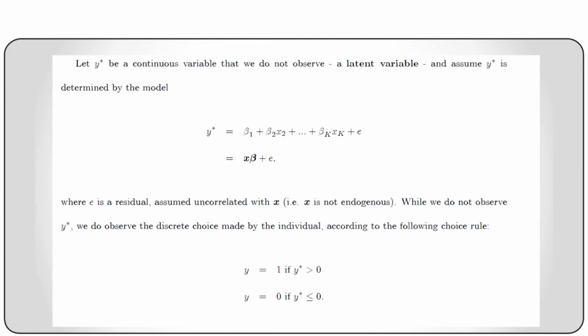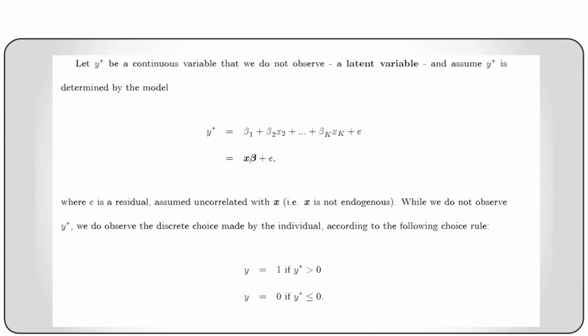So let me first consider this strictly from a mathematical point of view. The assumption is that the event y equal to 1 happens when y star exceeds some threshold, which I can assume without loss of generality is 0. Next, I'm going to assume that y star is a linear function of the covariates plus a random error.